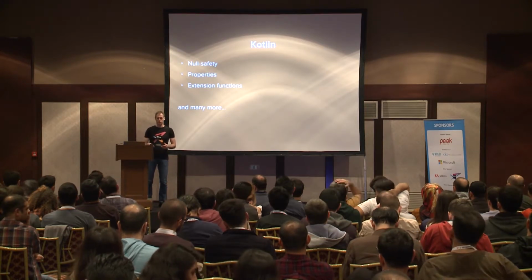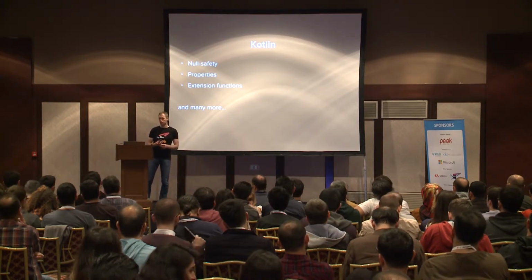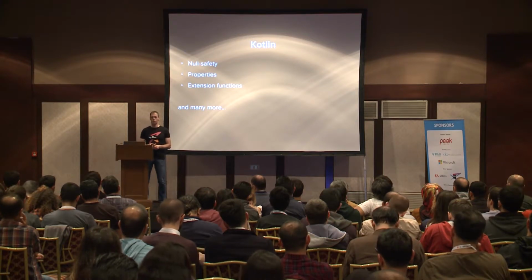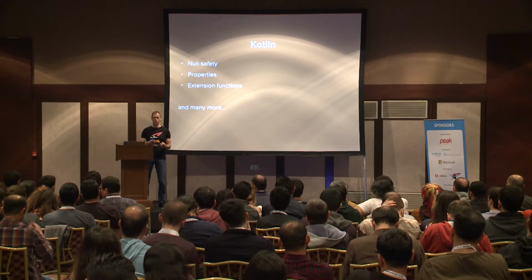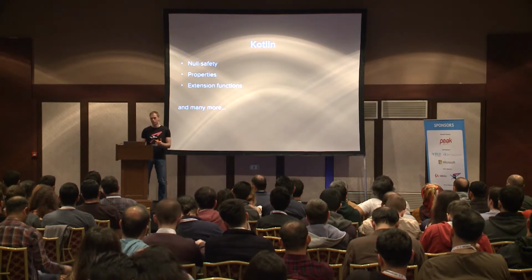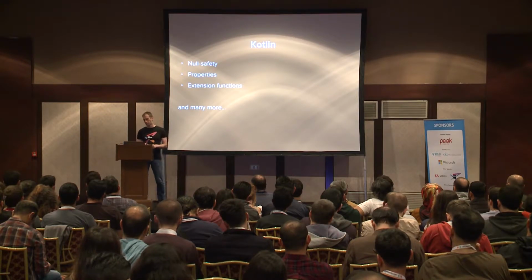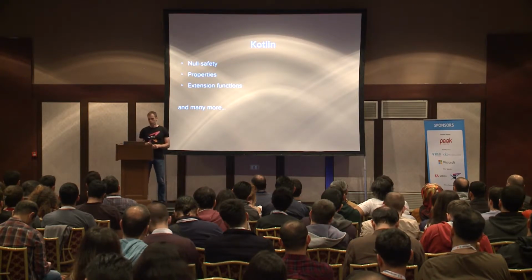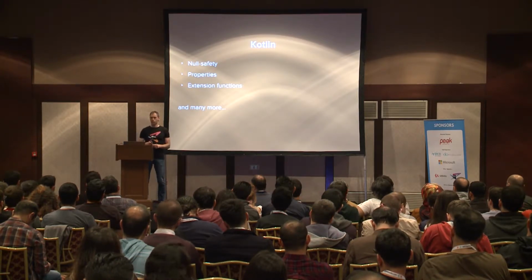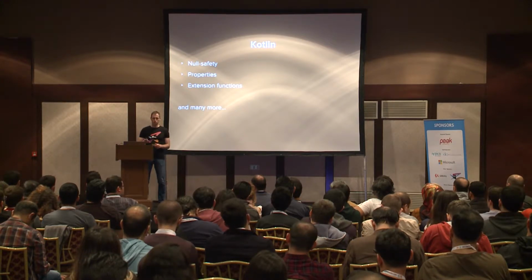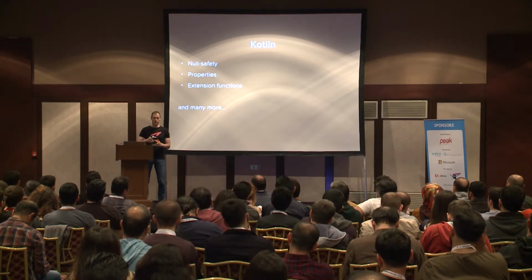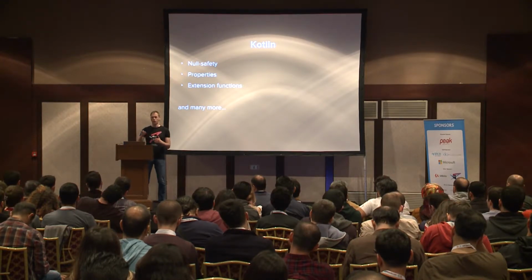And saving a lot of typing for you, for example, instead of having a private backing field and getter and setter methods, in Kotlin you just declare a property. And also there are very powerful extension functions in Kotlin which extend existing classes.